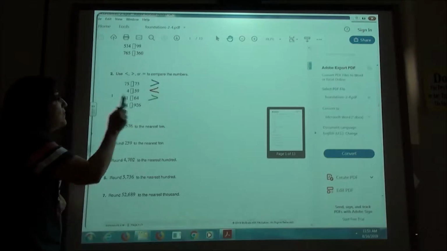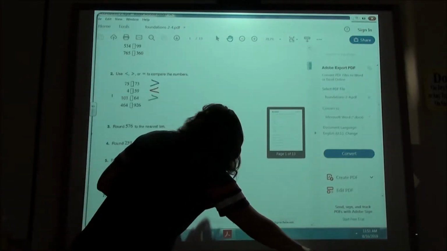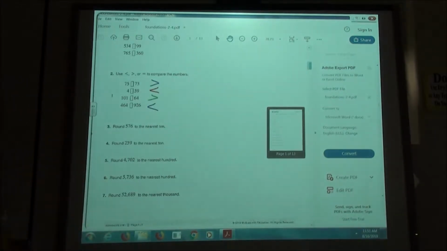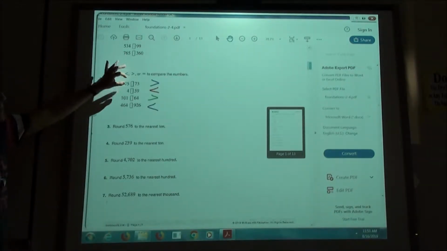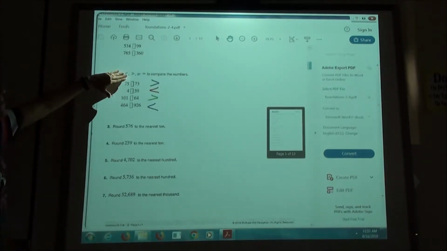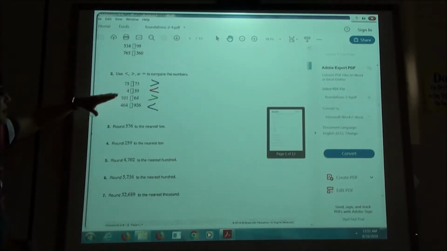And then 464 to 926. 464 is going to be less than 926. So again, the bigger end by the bigger number, you're pointing to the smaller one, but we would have greater, less, greater, less.